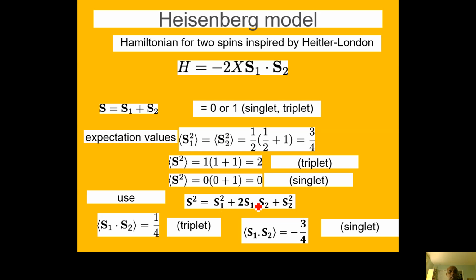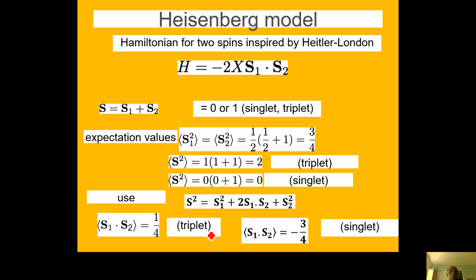That means your S1 dot S2 is basically half of S squared minus S1 squared minus S2 squared, right? So we know S can be either, so this capital S squared is basically 1 or 0.